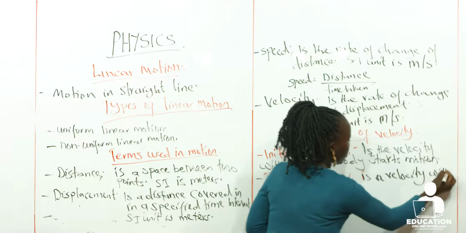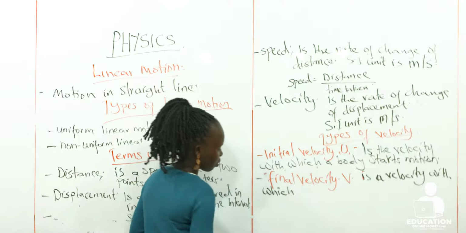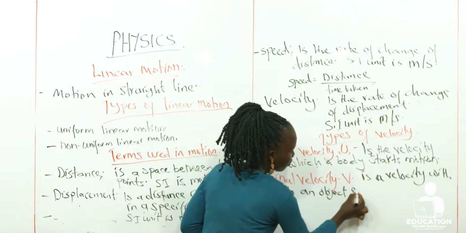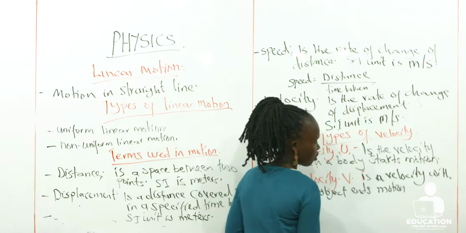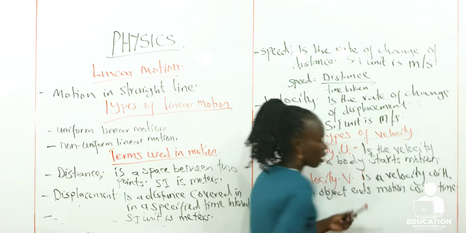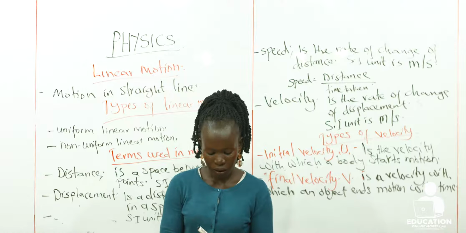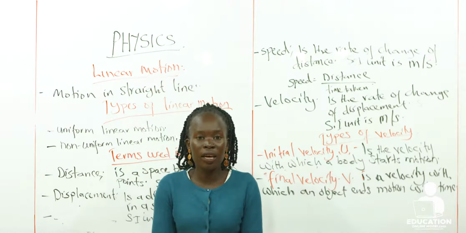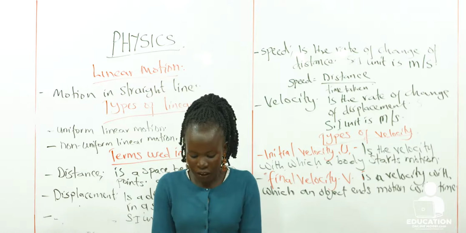So we say that our final velocity is a velocity with which an object ends motion with time. As you're stopping this motion, as you're braking your car, that means you're taking the car to a final velocity. You're bringing it to rest.